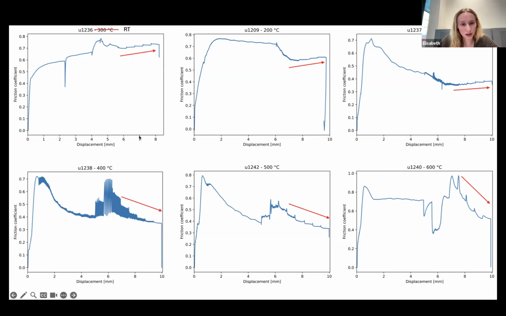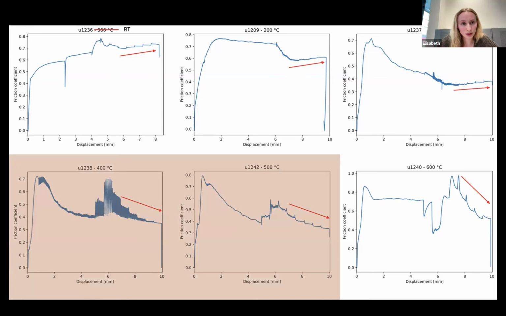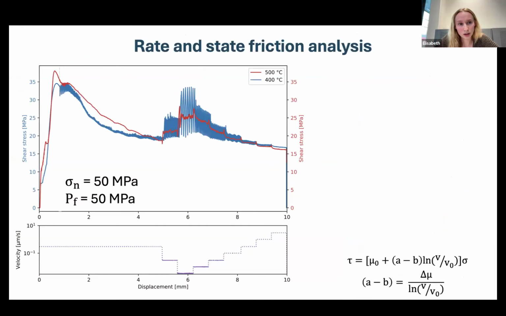But I wanted to talk a little more about these two, namely the one at 400 degrees and the one at 500 degrees, because they show a very similar mean shear stress but very different patterns, meaning that the one at 400 degrees exhibits very prominent high amplitude stick slips.